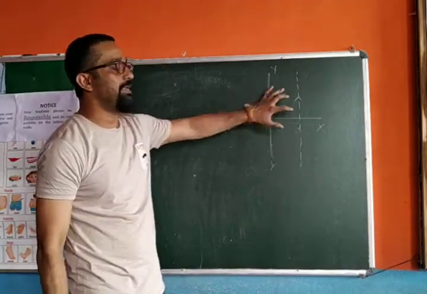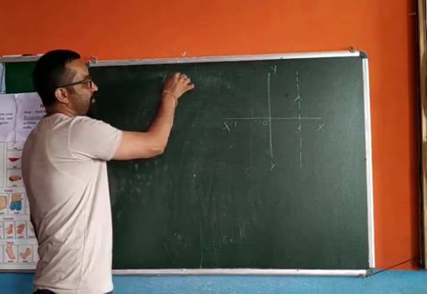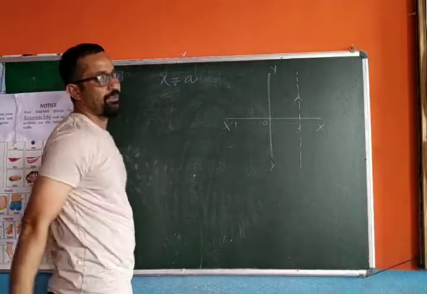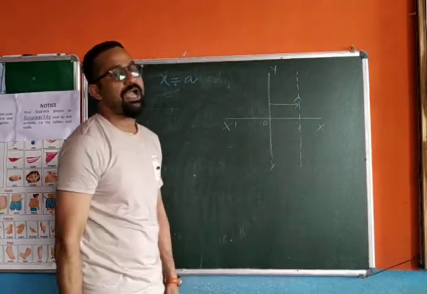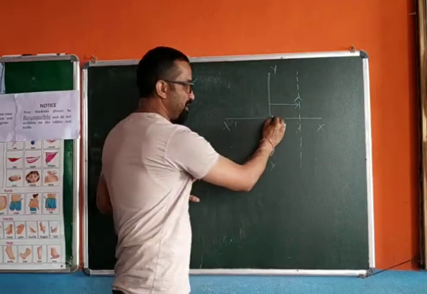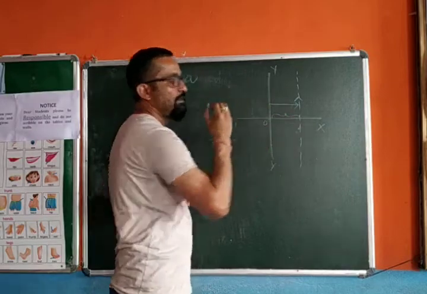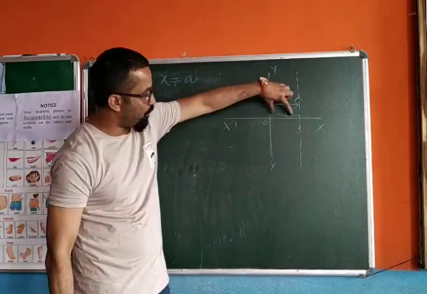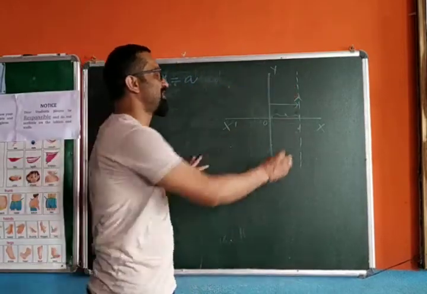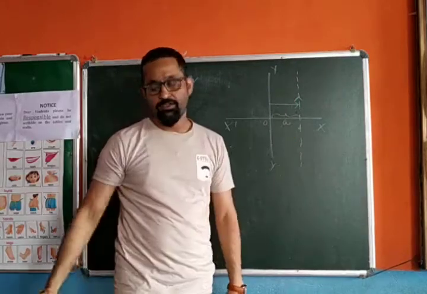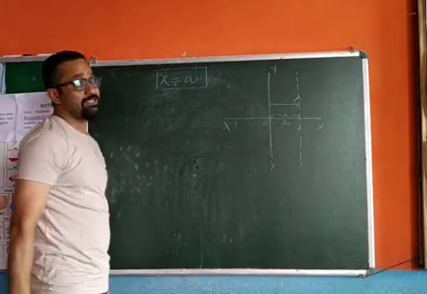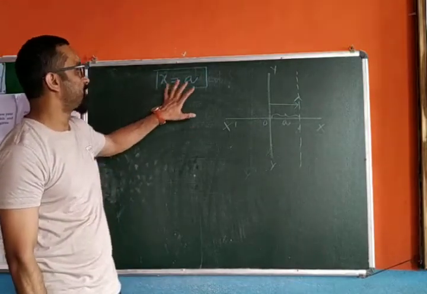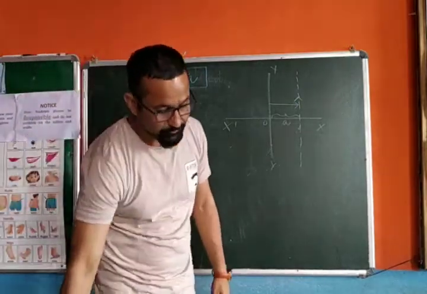Equation of this line is given by the formula x equal to a, because a is the distance between y-axis and the line, means it is value of abscissa, the positive value of abscissa, which is taken as a. So equation of a straight line parallel to y-axis is given by the formula x equal to a.